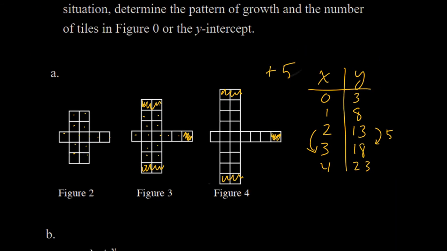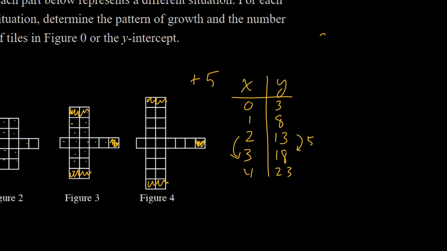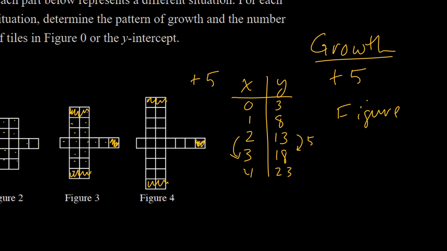So for this one, it says find out the growth. So I'm just going to write these down. Growth is plus 5. And then I'm also going to write down my y-intercept. No. It says figure 0. Figure 0 has 3 tiles in it.